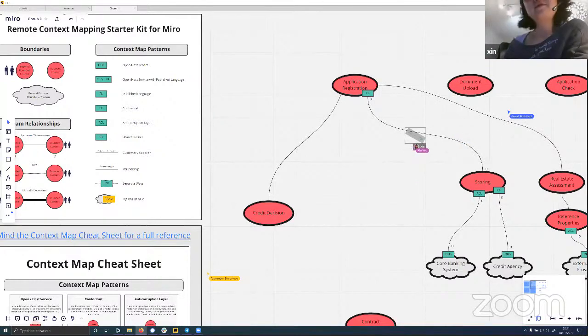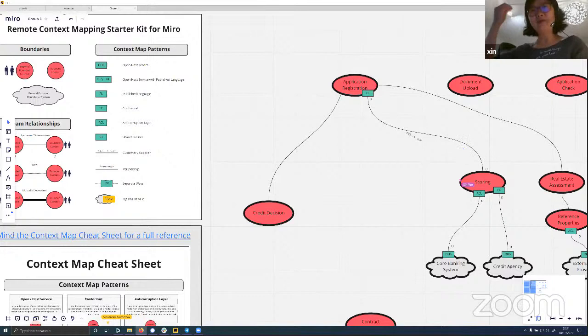Yeah, so we are actually listing two alternatives here. One is the conformist and the other is customer supplier. But I'm raising the question, I can't think of any example where application registration could influence the modeling of scoring. However, I'm also not convinced that scoring is completely upstream.